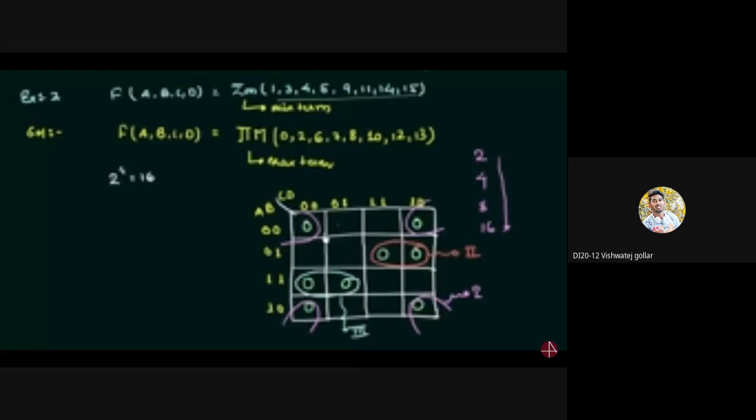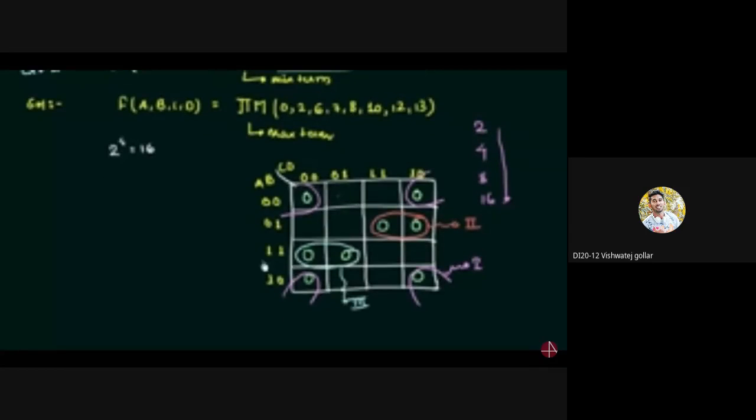So all the zeros are now combined, and it is time to write the function F. As you know, this function is written here for zeros, so it should be F complement. So write F complement is equal to 1 or 2 or 3.